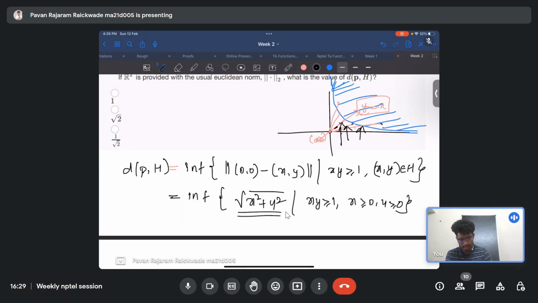If you go anywhere other than the line y equals x, the length increases. Visually you can imagine that the point (1, 1) gives the minimum distance. The norm of that point is the square root of 2, so the answer is going to be root 2, but we'll give some proof here.